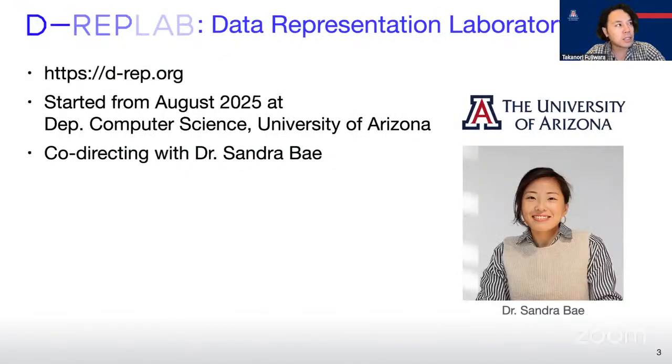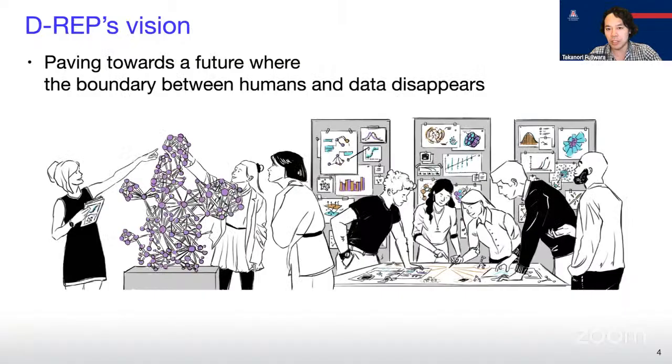So I just started a new faculty member position at the Department of Computer Science at the University of Arizona. And then another new faculty member, Dr. Sandra Bay, and I co-started directing the Data Representation Laboratory, or DREP Lab in short. And then as an ultimate vision of this DREP Lab, we envision a future where the boundary between humans and data disappears.